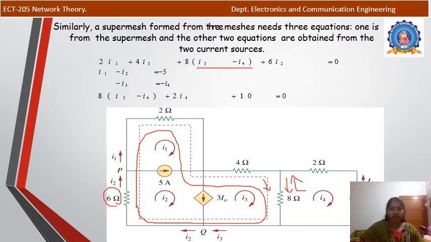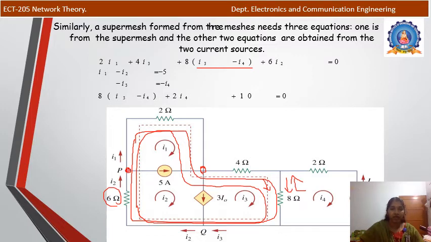The first equation we write in this direction by applying the KVL.